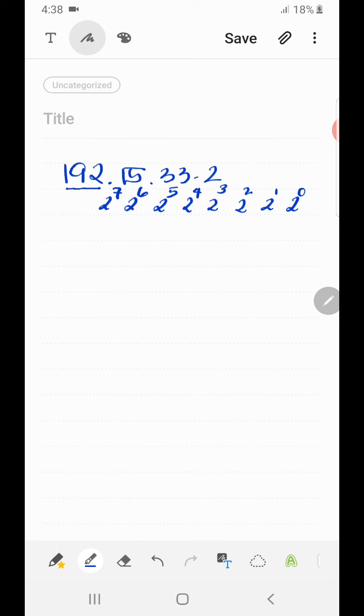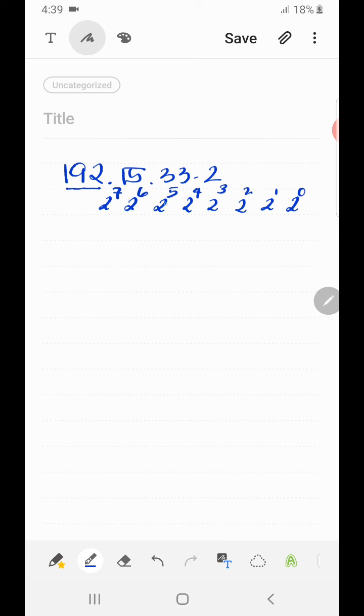Why did I have 2 to the 7? Because if you count them, this is 1, 2, 3, 4, 5, 6, 7, 8 digits. And the numbers that we are using in IP version 4 will not exceed 255. That's why we will be using until 2 to the 7.